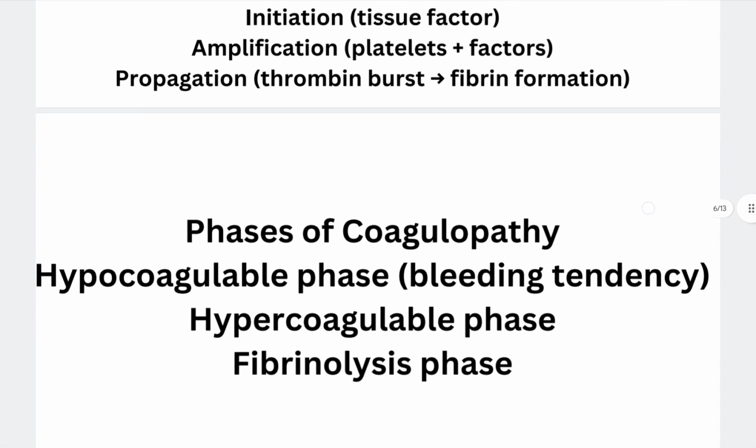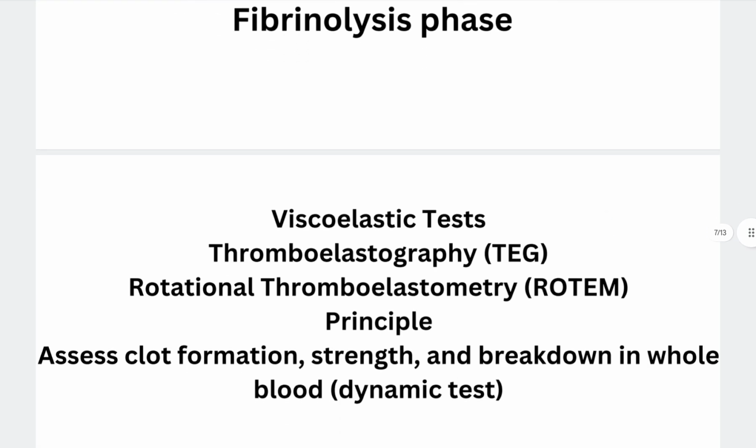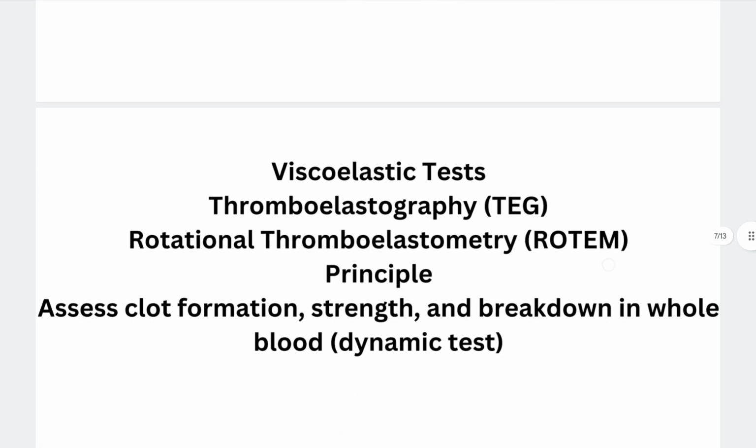Whenever there is any kind of injury or shock, there is activation of coagulation to arrest the bleeding. The initial stage is a hypocoagulable phase, followed by a hypercoagulable phase, and at the end there is a fibrinolytic phase.